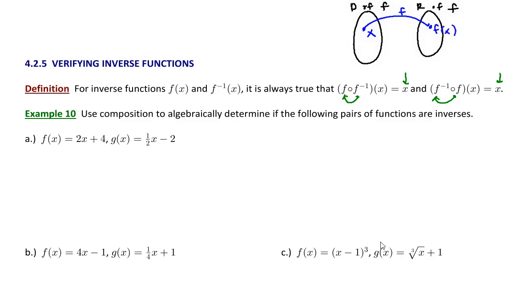Looking at this statement, f inverse of f of x means f inverse of f of x. So I'm going to start with some sort of input to f. That's what I have right here. That input is called x, and the output we're calling f of x.